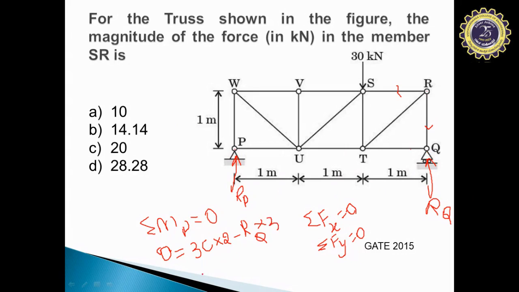So if we solve this equation, what will you get? RQ is 30 into 2, which is 60, and 60 divided by 3 is 20 kilonewton.